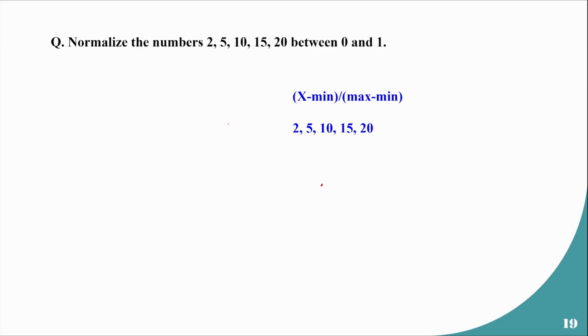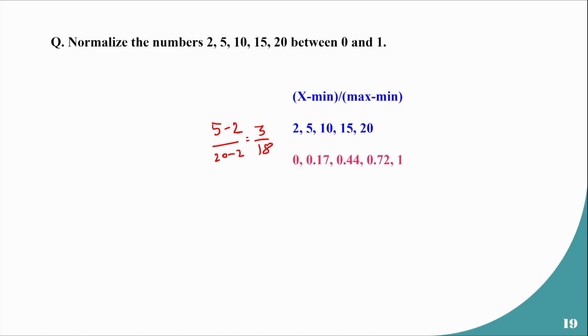For 5 again, if you try to calculate, 5 minus 2 will be 3, then max minus min will be 20 minus 2. So basically 3 by 18, right? It will be 0.166, something like that. So 0.167, or if you take up to 2 decimals, 0.17. So it will be something like that, right?